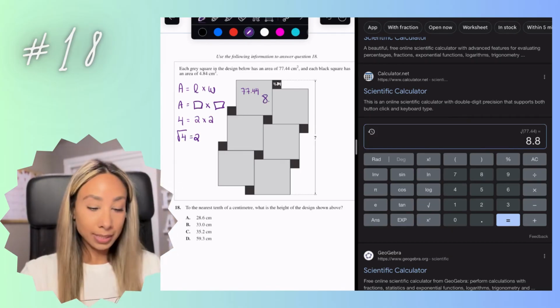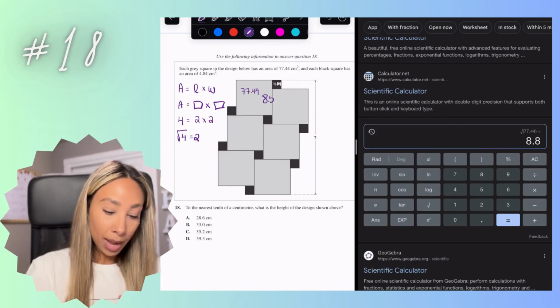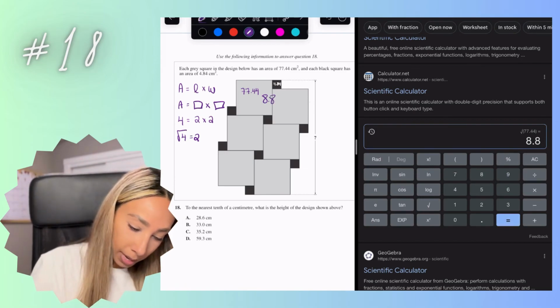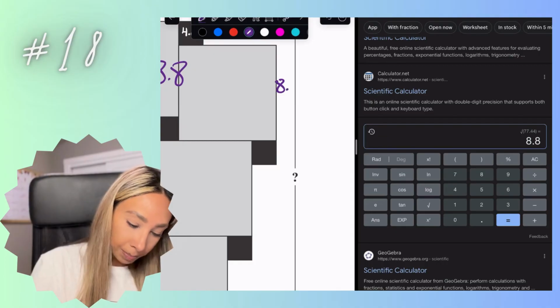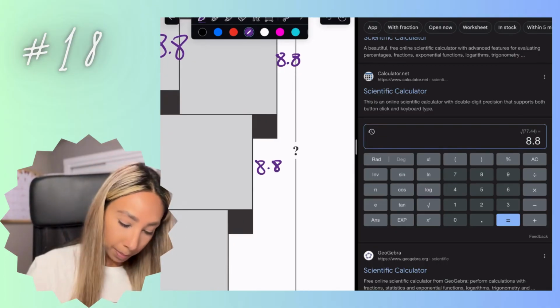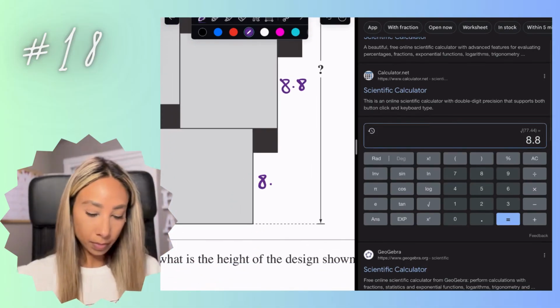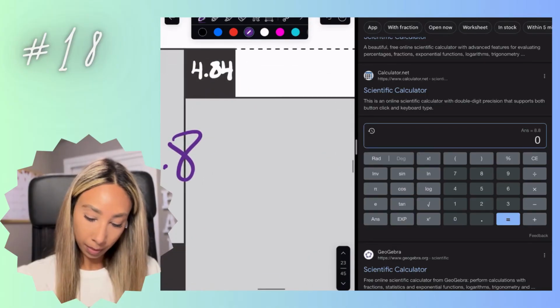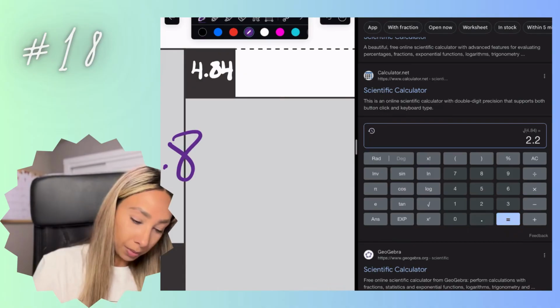So anytime I see those gray squares, I'm getting a side length of 8.8. So this one here would be 8.8, and same thing with this one. And then there's a third one at the bottom. Perfect. Now let's do the same thing with the black squares. That's going to be 2.2.